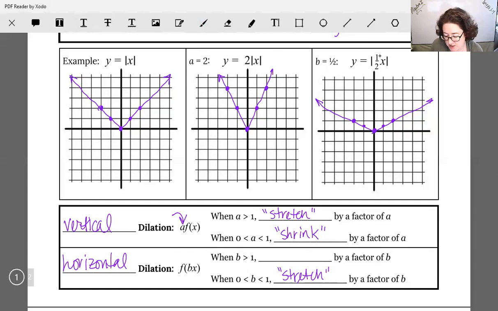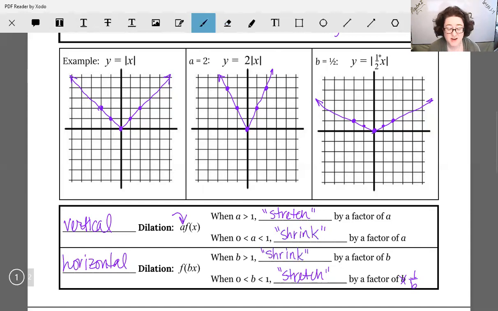So we're stretching kind of by a factor of that reciprocal. So when we had 1/2, or rather that should be a 1/b. So when we had 1/2, we actually made it look like it almost stretched by a factor of 2. It was twice as wide. So when b is greater than 1, it's going to go opposite from what we think. So that's the one that's going to look like the shrink.